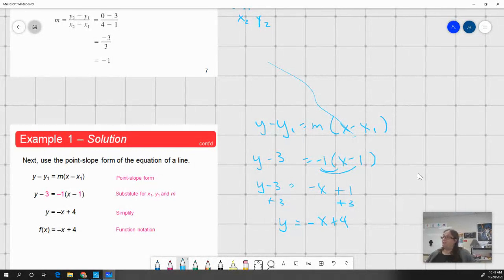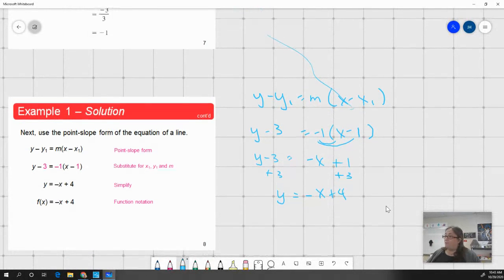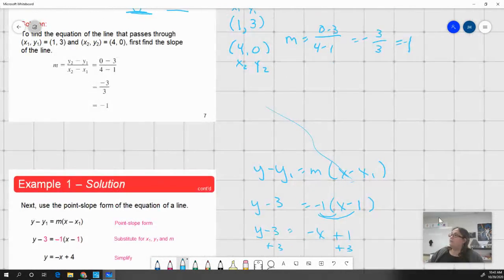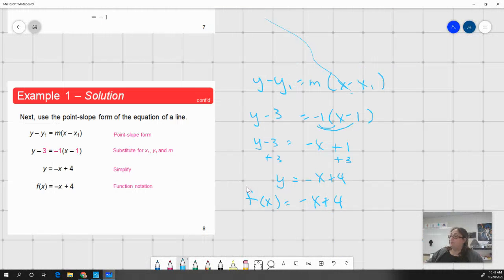So that's my mx plus b. My slope is negative 1. My y-intercept is 4. When I want to put it in function notation, if it specifically asks for that, all I have to do is change my y to f of x, right? So I would have f of x equals negative x plus 4.